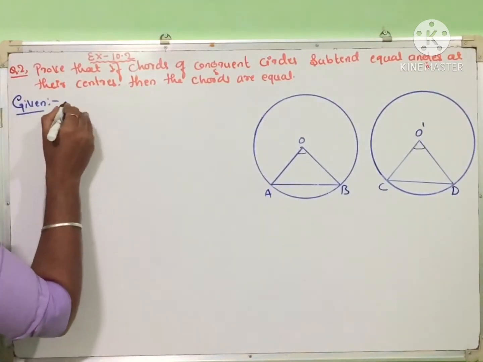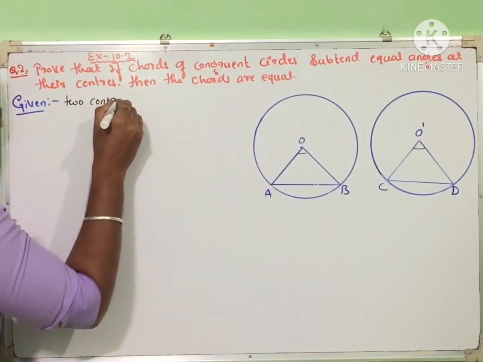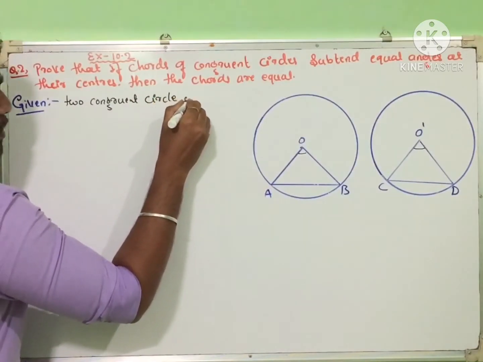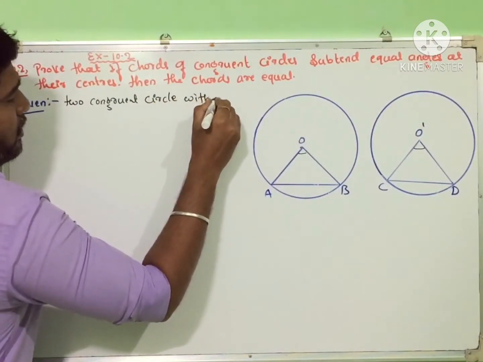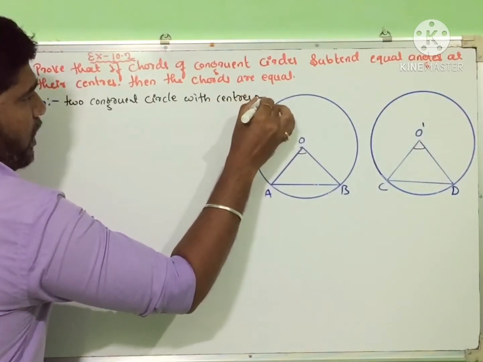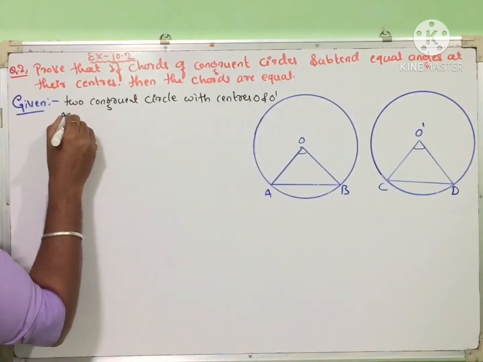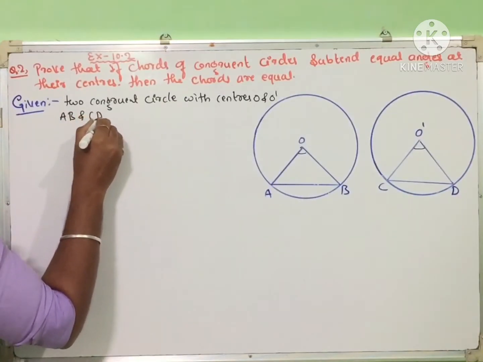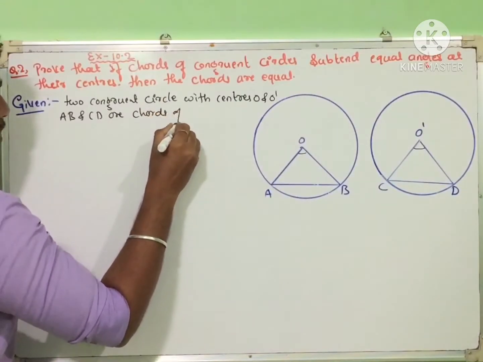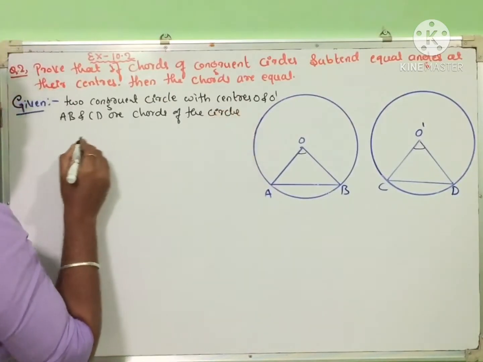Two congruent circles with centers O and O dash, AB and CD are chords of the circles with centers O and O dash respectively.